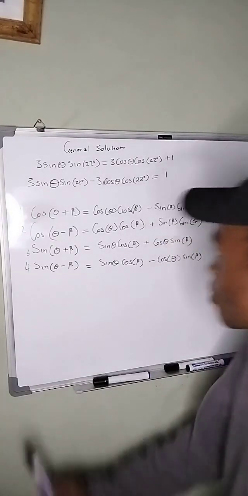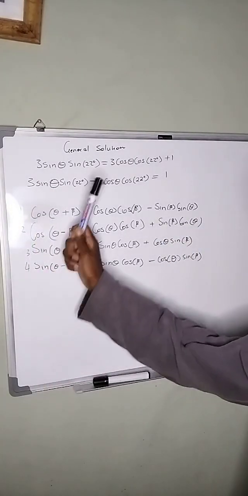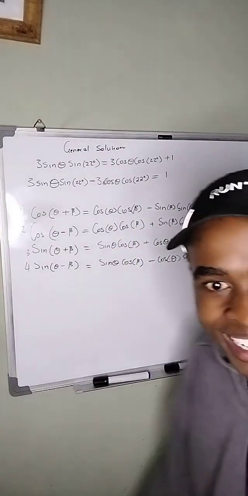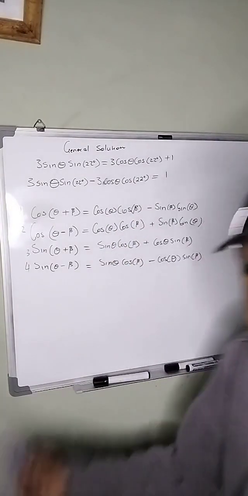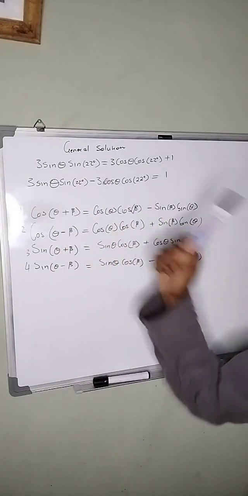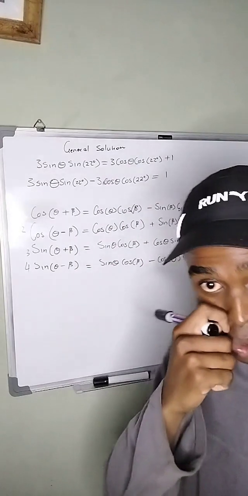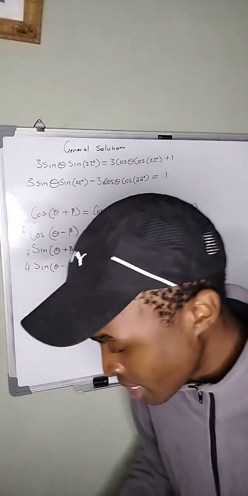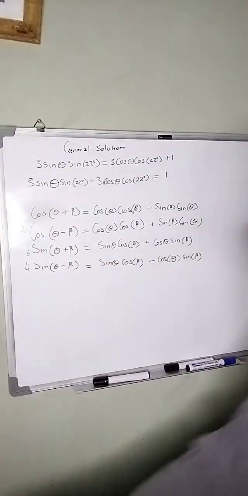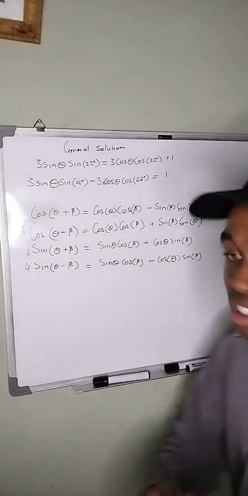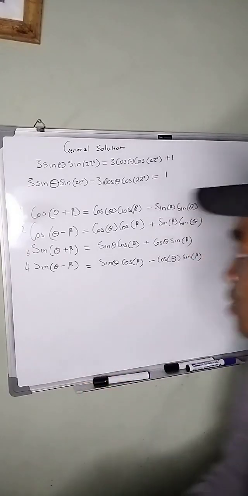So we see here we have sine and cos. So we have to reconsider. I approached this question somehow, but it's fine.